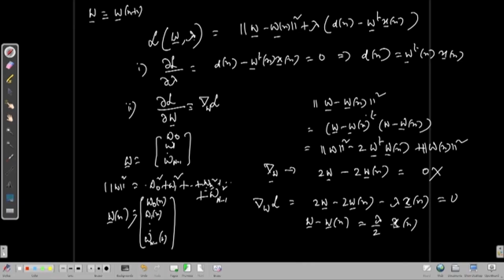So, what I do, I take transpose of this, W minus W n transpose times x n, here I will say lambda by 2, x n transpose x n, which is lambda by 2 norm x n square. So, I get lambda from here.